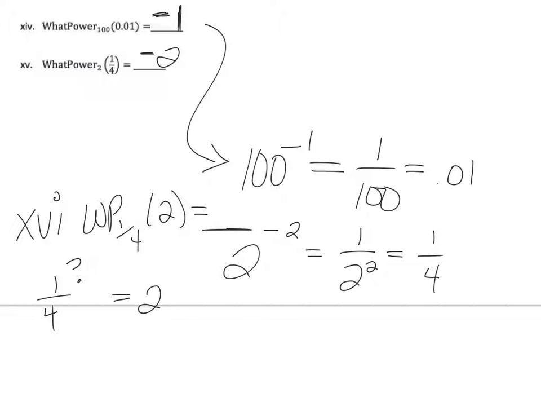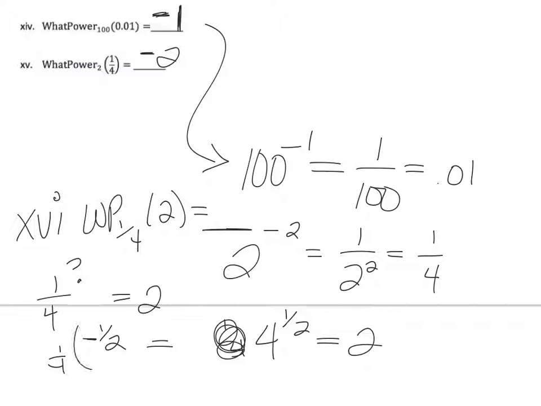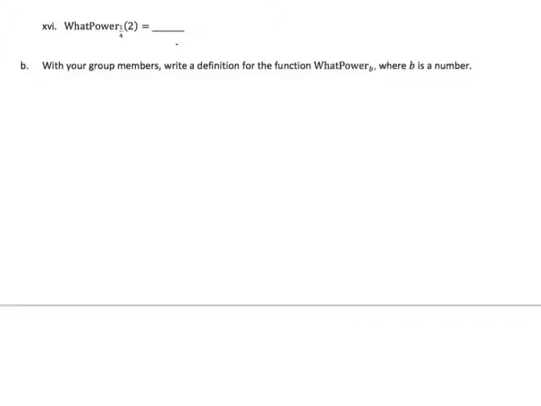I need to get that up to the numerator, so it's going to be negative. Then I have to take the square root of it, so negative 1/2. So 1/4 to the negative 1/2 equals 2, because that gives me 4 to the 1/2, which is positive, equals 2. So that is my answer for that one. Cool?